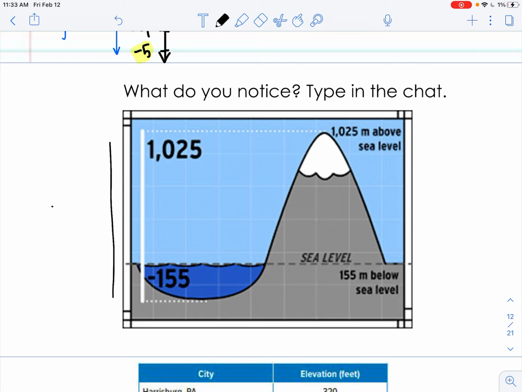First is that when we're using a number line to talk about elevation, the 0 on our number line is always going to represent sea level. So what is elevation? I recommend writing this in your notes. Elevation is simply the distance from sea level.